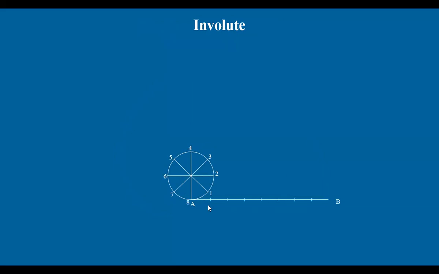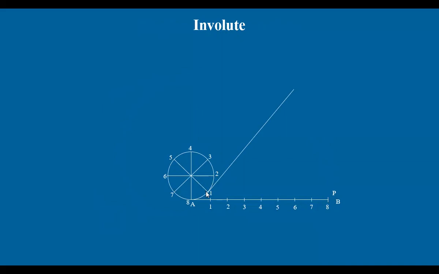Now, divide this AB also into the same number of equal parts and mark them as 1, 2, 3, 4 here. Now, at the end of this thread, I'm taking a point P. I want to see the path taken by the point P. To get it, we'll draw tangents to this circle at all these points, 1, 2, 3, 4.